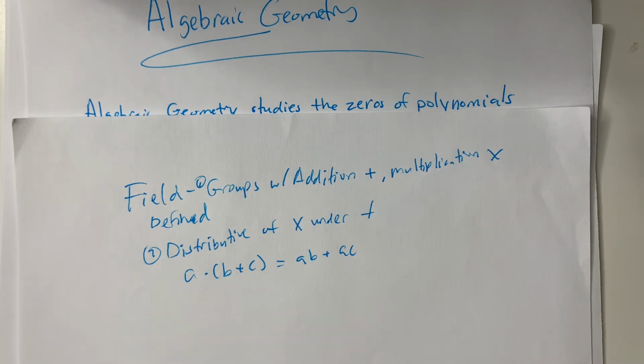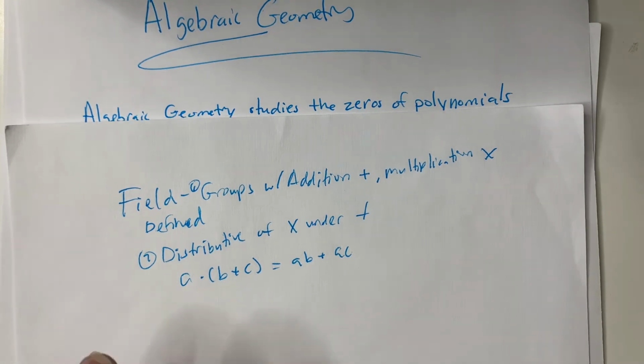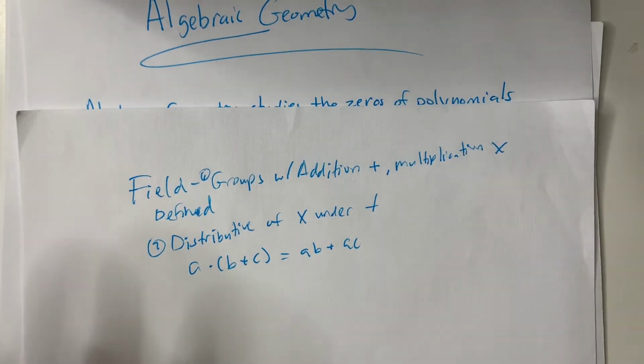And also, we have that nice distributive property. We don't have to worry about getting expressions where we can't actually distribute anything. So this property is very convenient, and that's why we study fields, because they capture all the abstract notions that we use in normal day-to-day math.